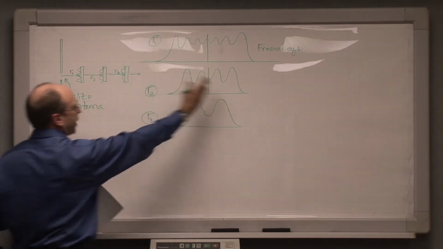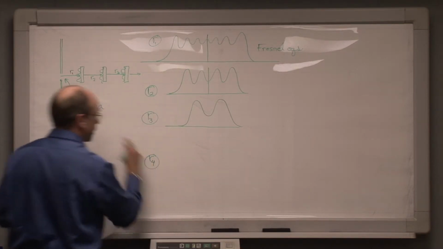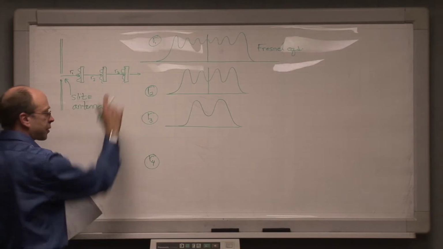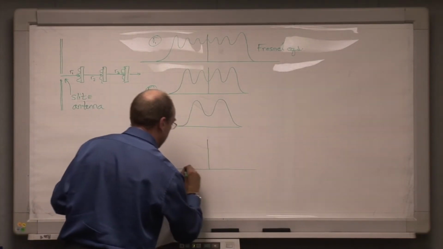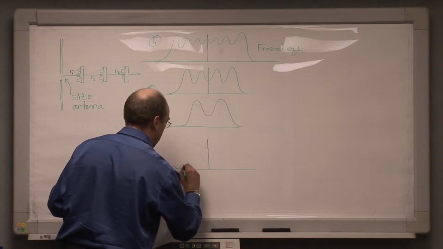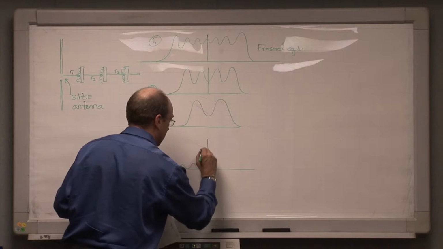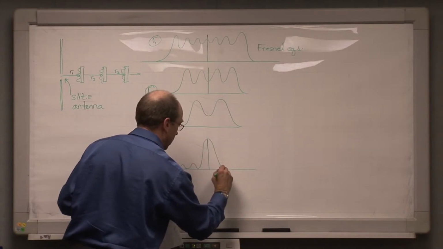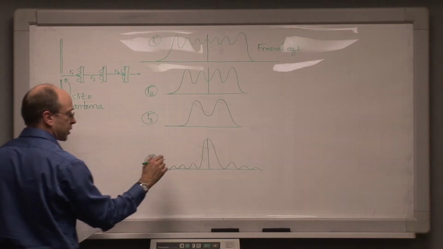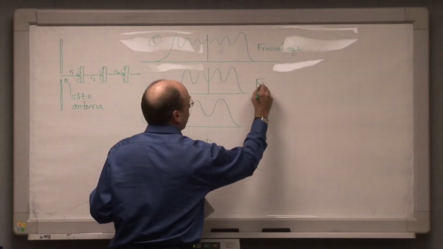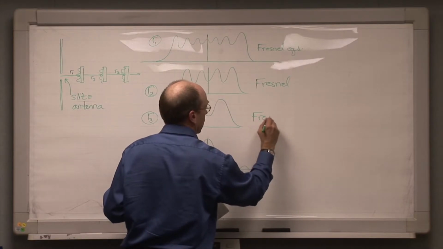And finally, as we move out in distance, we're going to find that these diffraction patterns that we get from our virtual antenna are going to approach a pattern that looks like this. One big lobe with little small lobes.